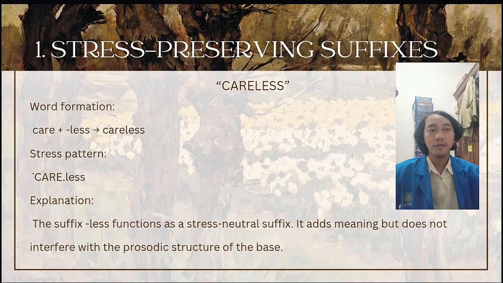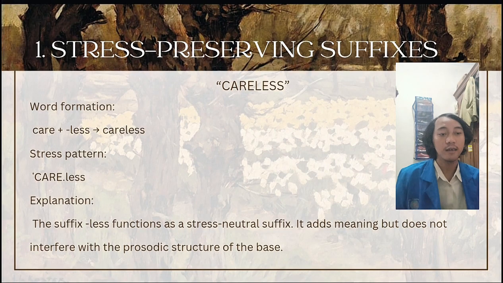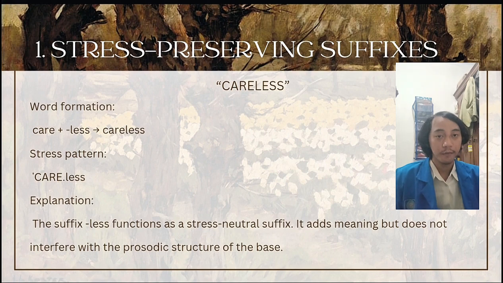The next slide, careless. Word formation: care plus less becomes careless. Stress pattern: careless. And the explanation: the suffix less functions as a stress neutral suffix. It adds meaning but doesn't interfere with the prosodic structure of the base.